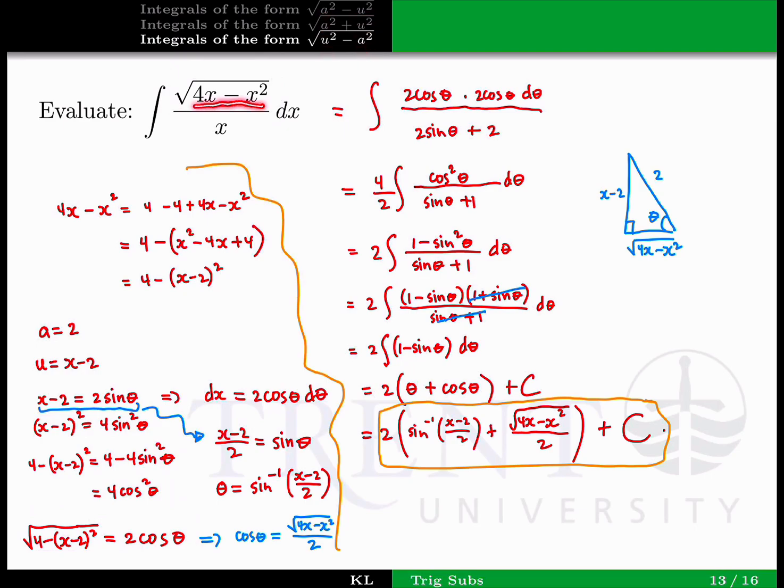But in here, inside, we got a function minus a function. That's the reason why we need to do completing the square, so you will be able to write the expression here in terms of this one.